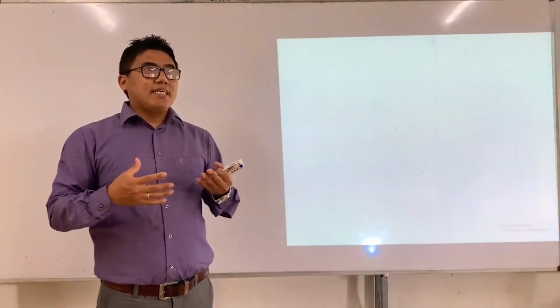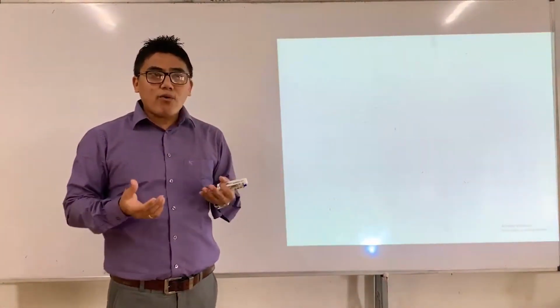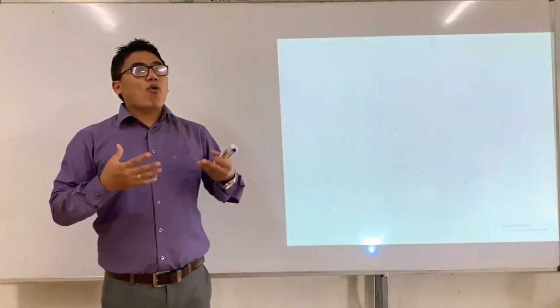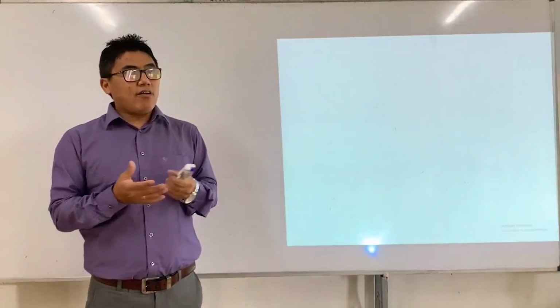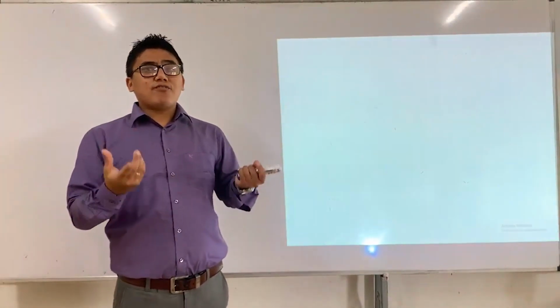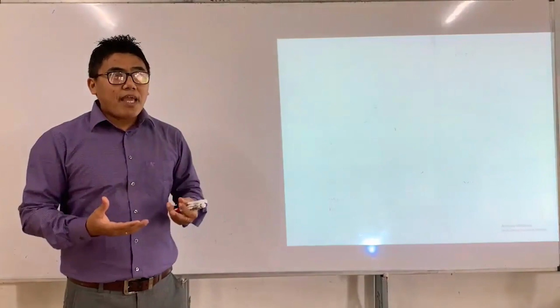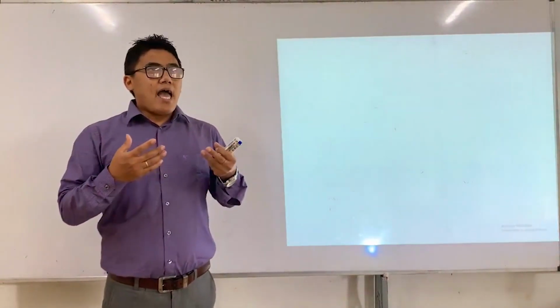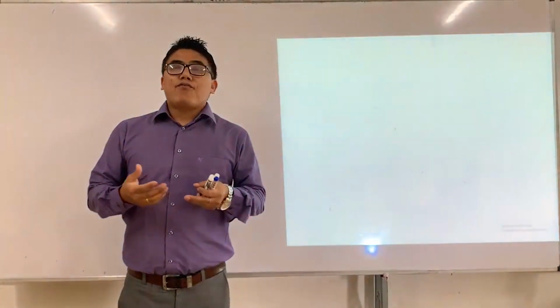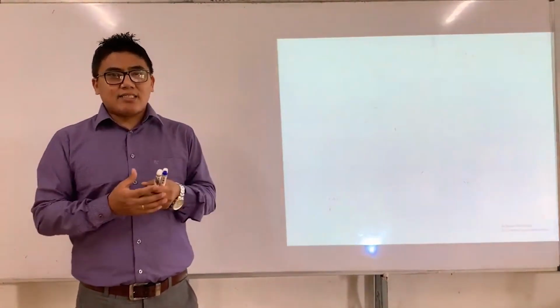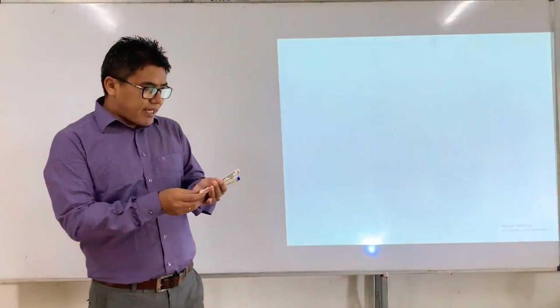We say that interference is possible only if two waves, or two sources, are coherent. So what is coherent? We defined last class that the phase should be constant, the amplitude should be the same, and the wavelength should be a single wavelength.